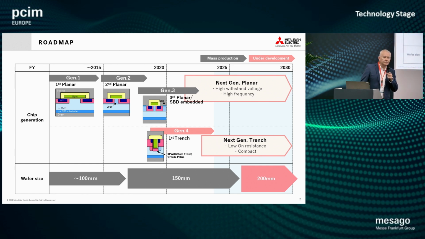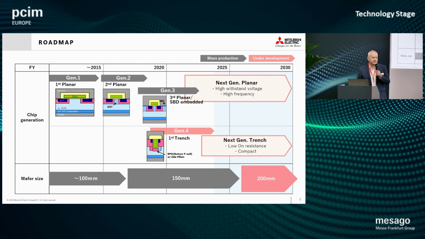The huge contribution for cost decrease will be the transition from 6-inch towards 8-inch, and we're quite confident that we will finish this transition by end of 2025. It is next year. Additionally, this slide depicts where we will go for the high voltage devices.